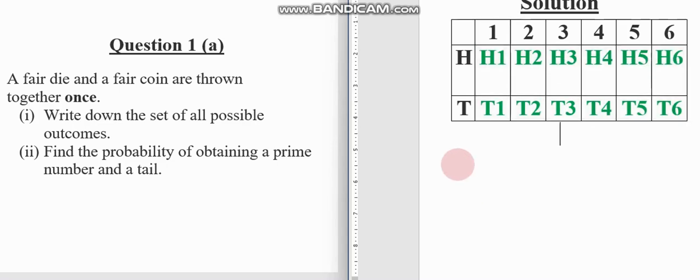So the first question, which says that you should find the set of all possible outcomes, will be, so I, you can just say that the set of all possible outcomes will be equal to, then we open curly braces and then we list all of these into it.